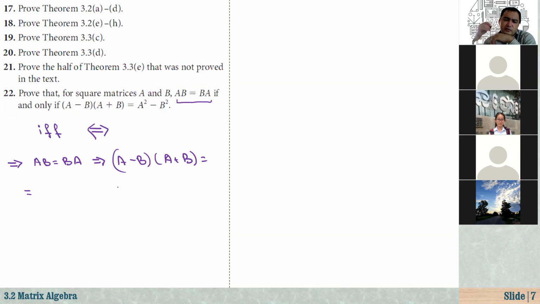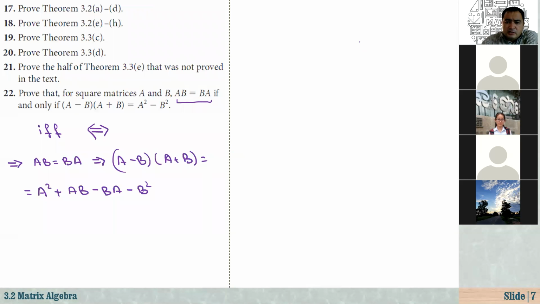Okay, you should be careful when you're doing this multiplication, because multiplying the matrix on the left or on the right, these are different things. It's not like the real number system, right? A times A, so here we have A squared. A times B, so here we have AB, minus B times A, that is minus BA, and minus B times B, that is minus B squared, because A times A is defined as A squared.